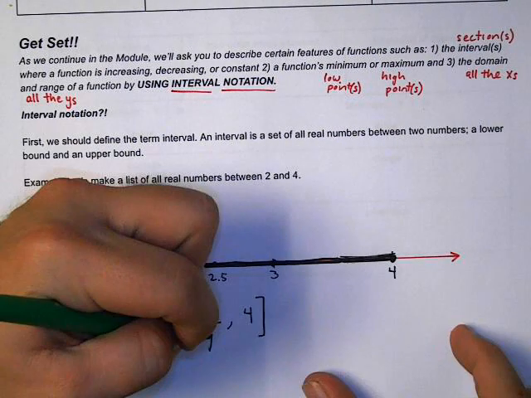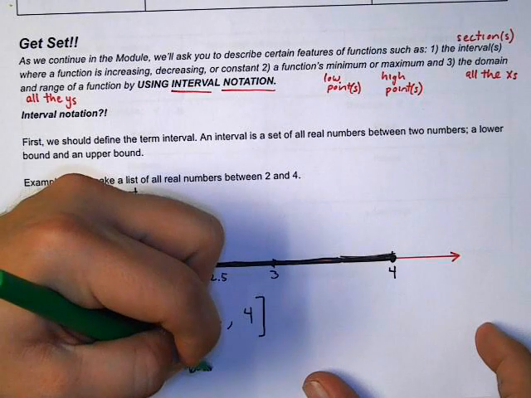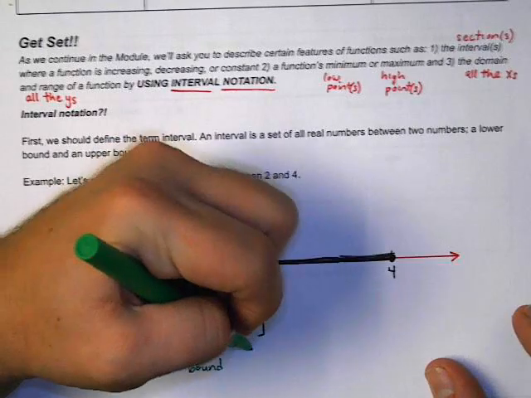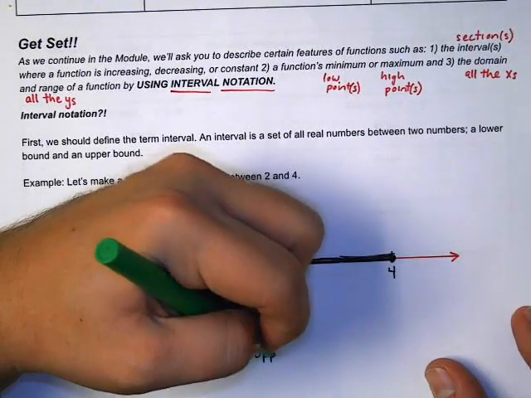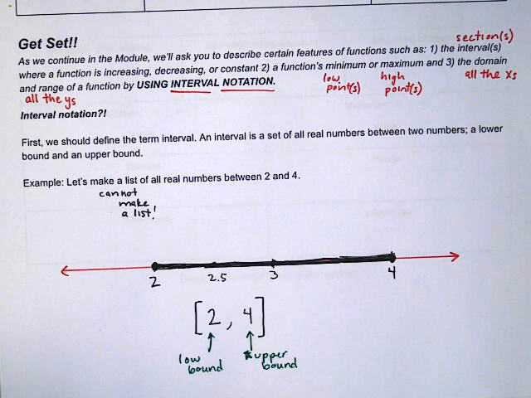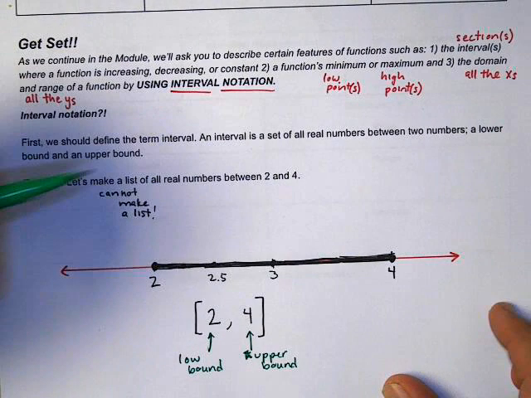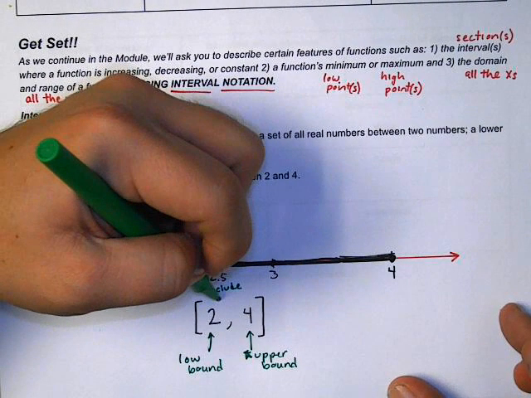My bad about that. And so again, what were these points? 2 was my low bound. 4 was my, actually, you know what? I'm going to use the word upper bound. And the fact that I used the square brackets, okay, I use the square brackets because I include boundaries.